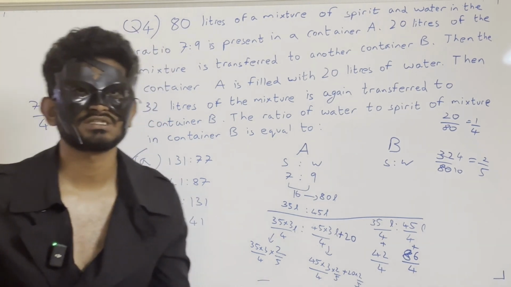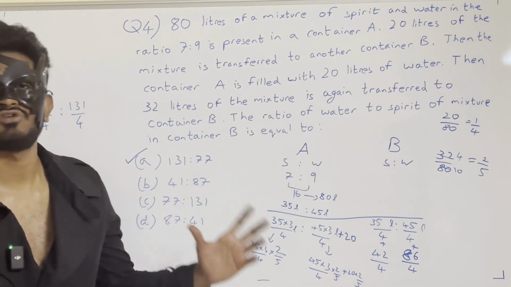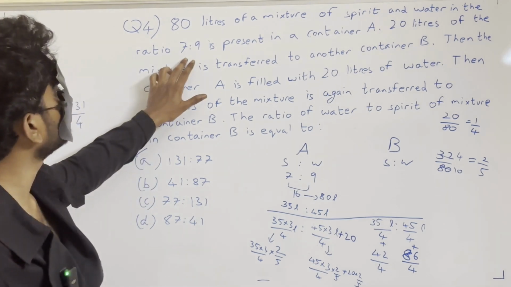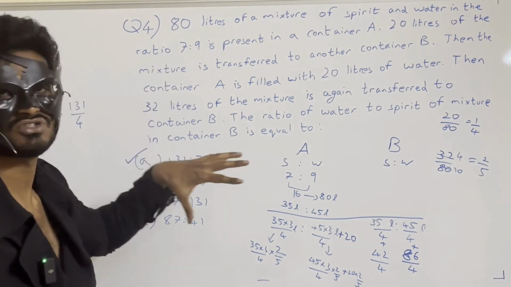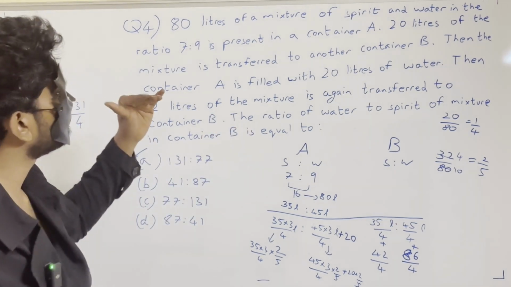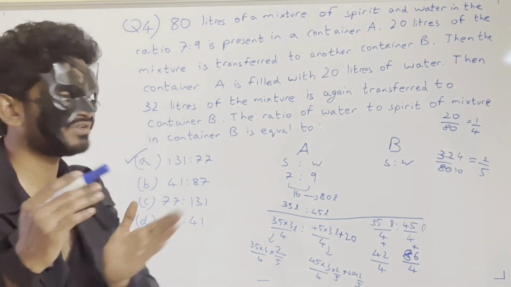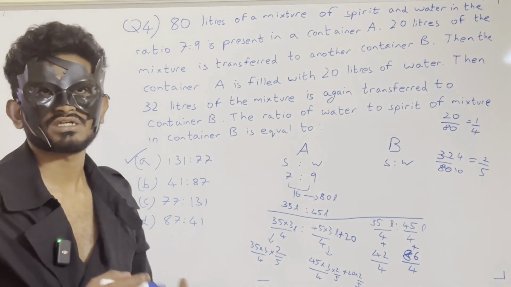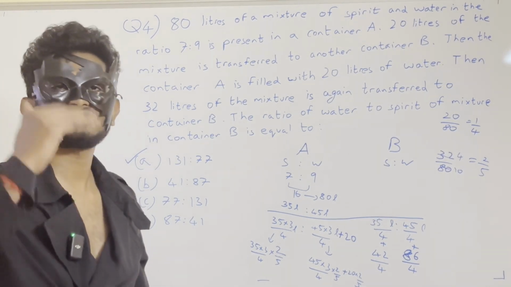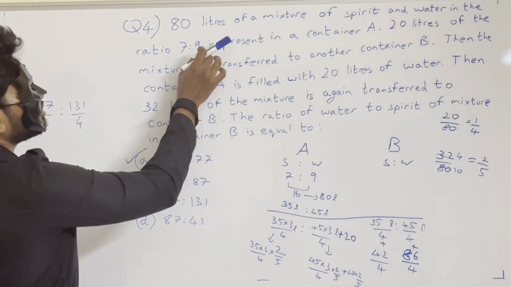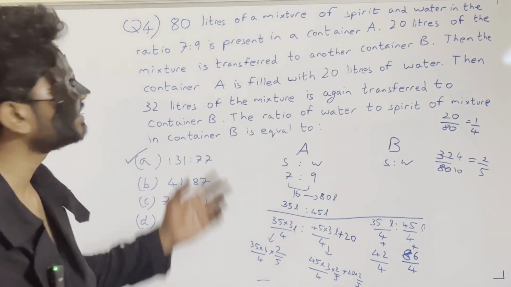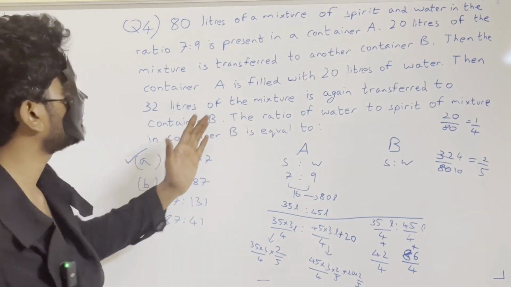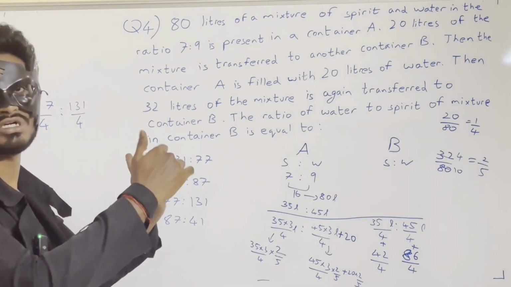And one more point, friends, suppose in the exam I need to eliminate any option, then what I will do is, initially it is given that the spirit to water ratio is 7 is to 9, and we are transferring the mixture to B, and eventually we are adding water. So the water quantity is not reducing, the water quantity is increasing. So obviously in the ratio, the water value will be greater than spirit, because we keep on adding water, right?